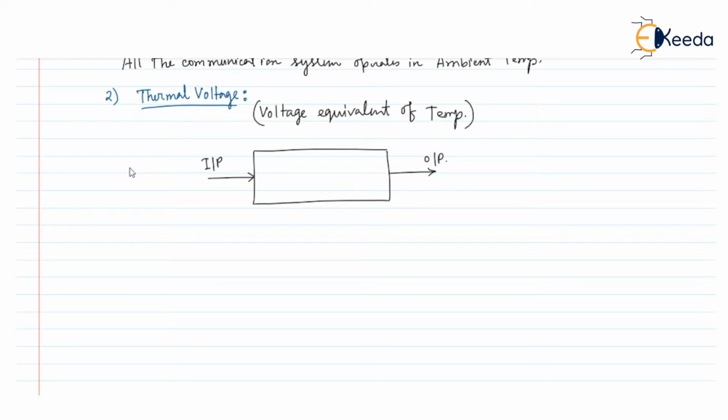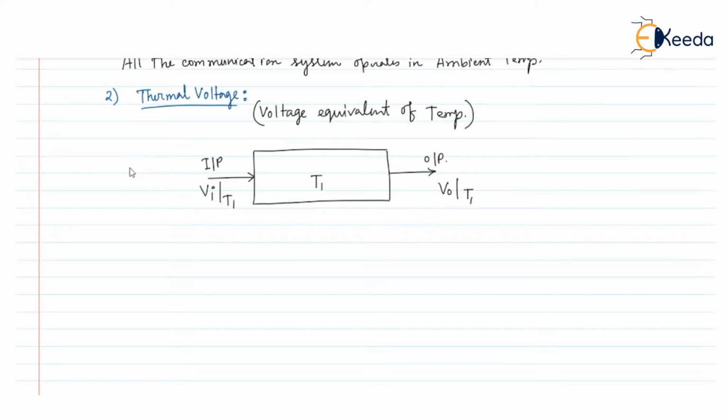Now at any temperature, let us consider a temperature T1, and at this temperature, if I give the input voltage Vi at T1, then there will be some output voltage at the device, V01 at T1.